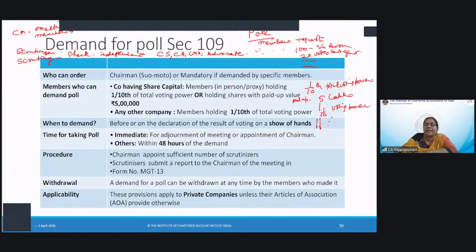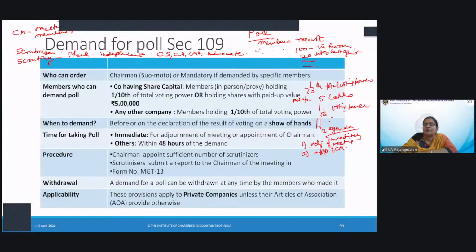When you have to take a poll: suppose there are two agenda. For those two agenda, you have to take the poll immediately. What are they? You call for adjournment of a meeting, or you are asking for appointment of a chairman.